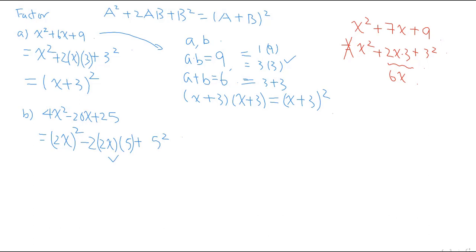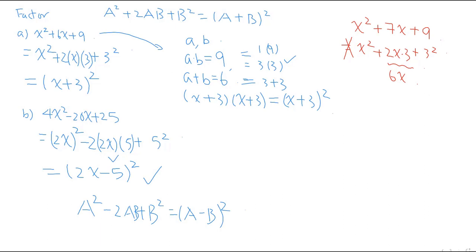So this is right. By the formula, a squared minus 2ab plus b squared equals a minus b squared. So you have 2x minus 5 squared. And yes, this is the factorization.